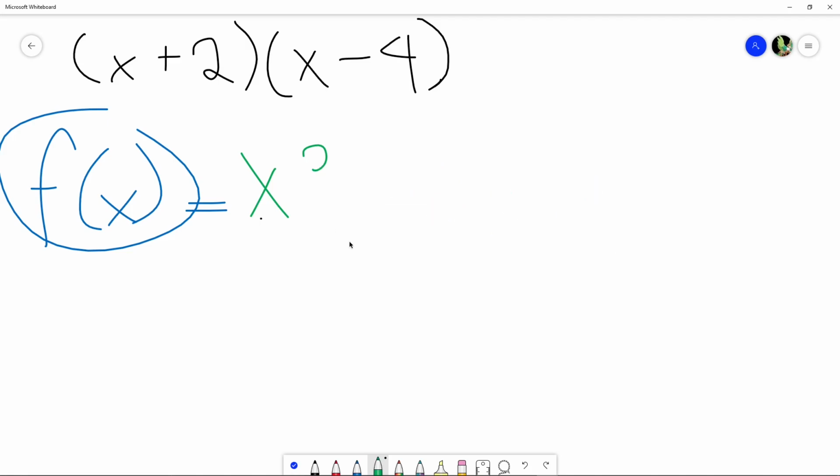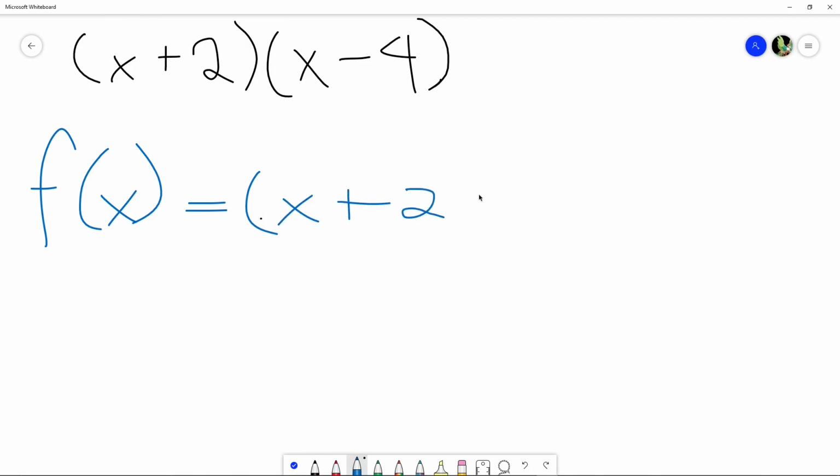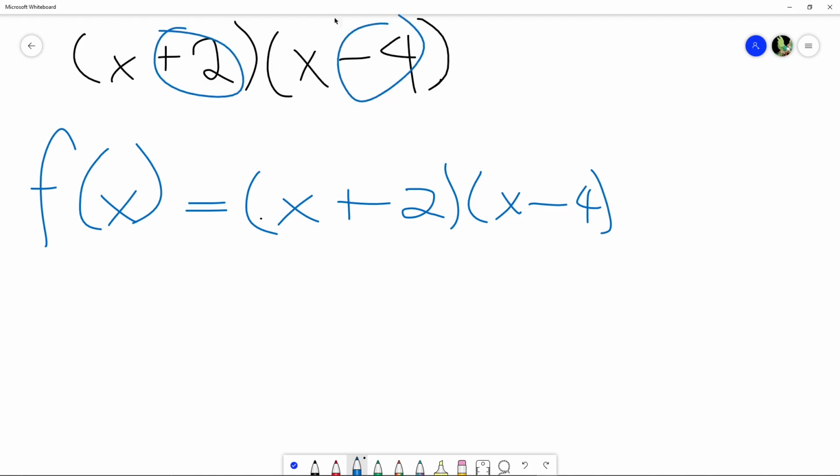So in order to get our polynomial function, we're going to make use of our factors. So we're going to put that x plus 2 and then x minus 4.